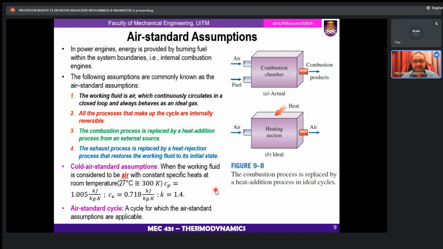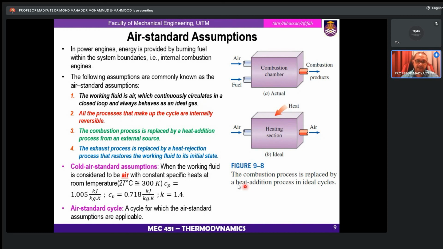Cold air standard assumptions: when the working fluid is considered to be air, constant specific heat at room temperature can be applied. At room temperature we consider 27 Celsius, approximately 300 Kelvin.